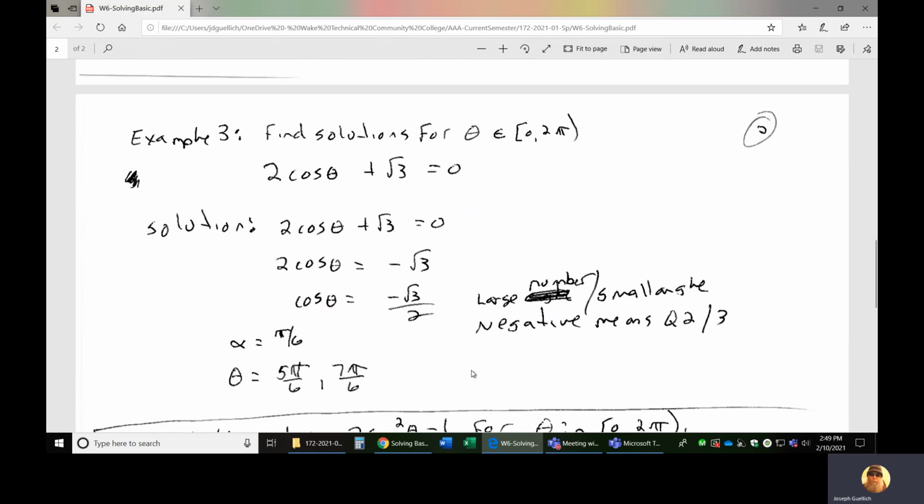What's that angle? Square root of 3 over 2 is the large number, which for cosine, we'll be using the small angle. So my reference angle, remember alpha is what we use to represent the reference angle, pi over 6. That number is negative. So for cosine, it's going to be negative in quadrant 2 and 3. And so our answer's 5 pi over 6, 7 pi over 6.